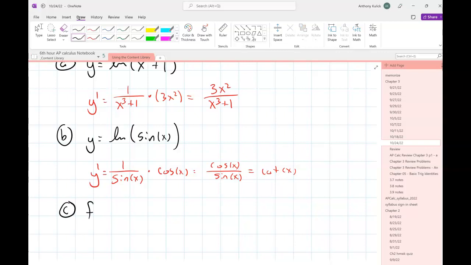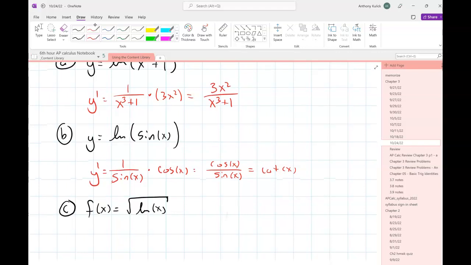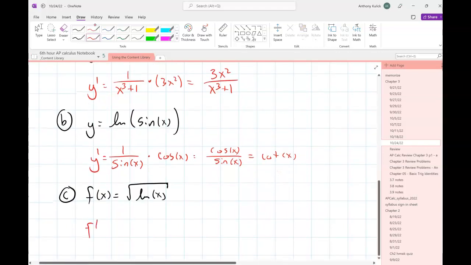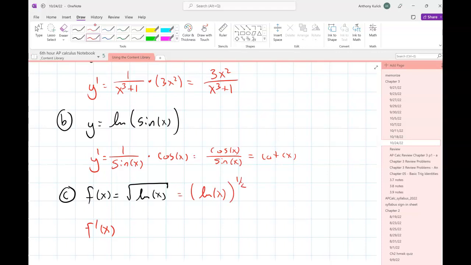Let's say we have the square root of natural log of x. What do we see when we look at this? Chain rule. What's the outside? The square root of x. So probably the way to think about this would be to change it to natural log to the 1/2 power.